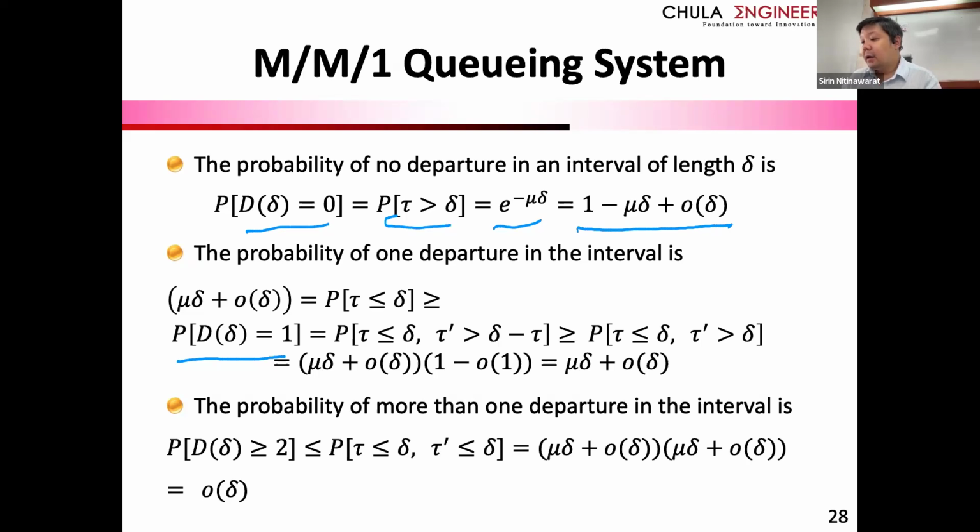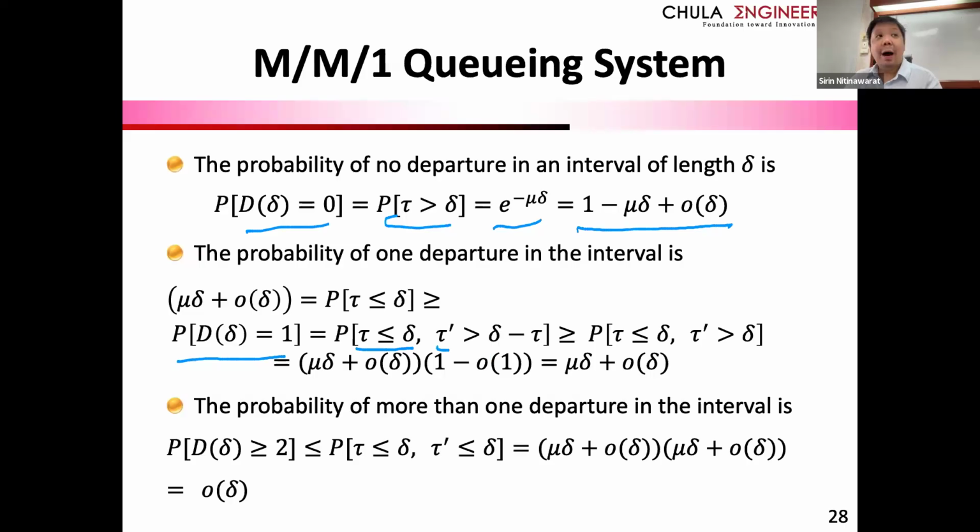So here, in order to be precise with the lower and upper bounds, you need to consider two consecutive service times. One is the current one, tau, and tau prime is the subsequent one.